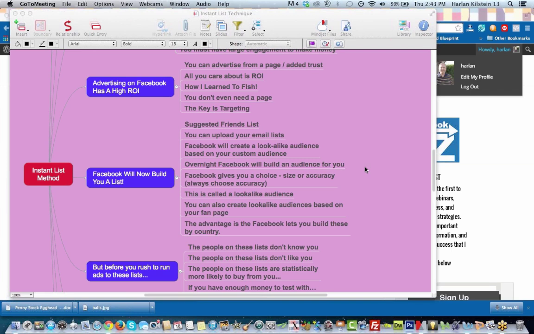Facebook specifies that you could build your custom lookalike audience for a fan page based on the country. So when I built a lookalike audience for Meditation Techniques Daily, and it found people who presumably are interested in meditation, I specified that they be in the United States. Now, this works all around the world.